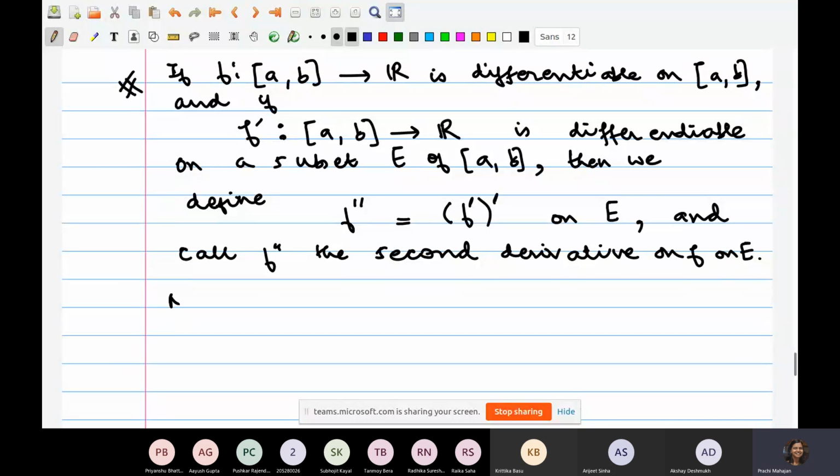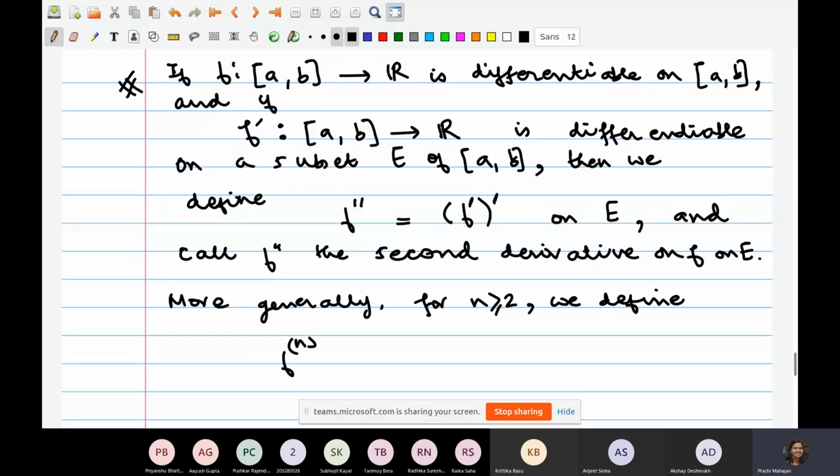More generally, for n any positive integer, one defines, what is this symbol here?